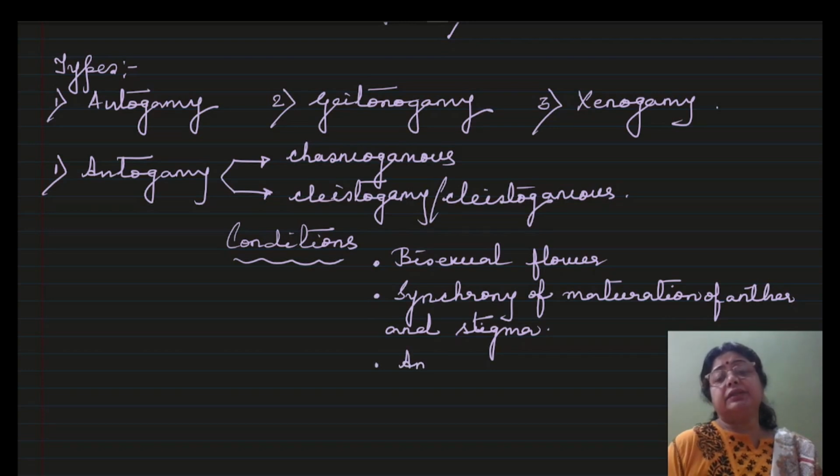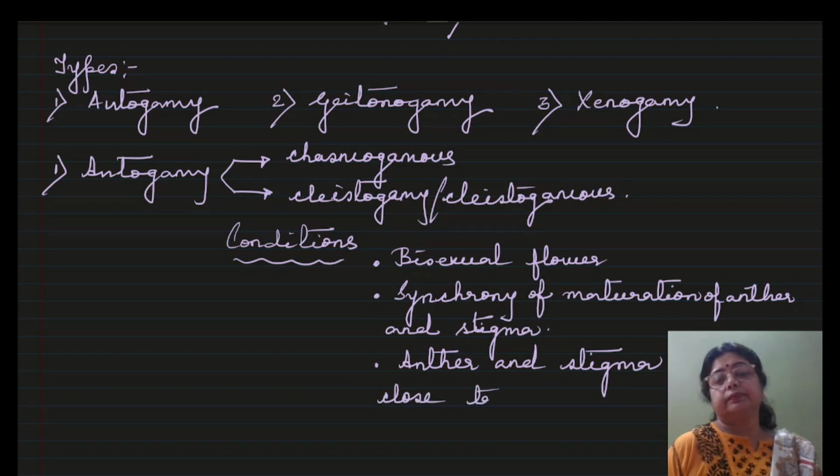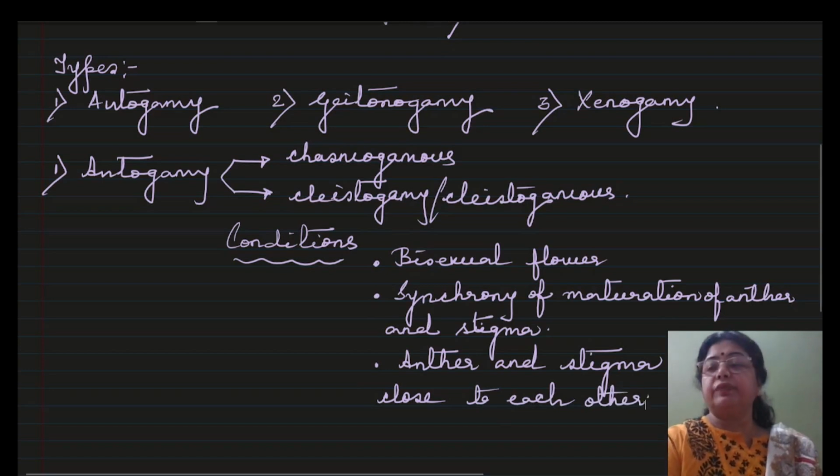Another is that the anther and stigma should be close to each other. These are the conditions. If you are asked in the question, you have to write in this way.